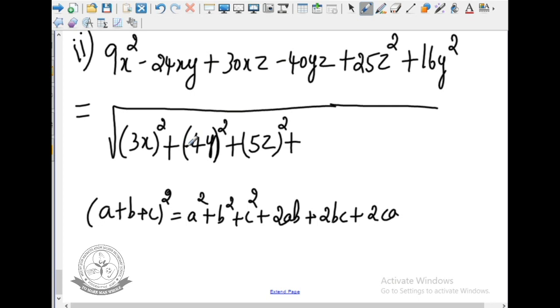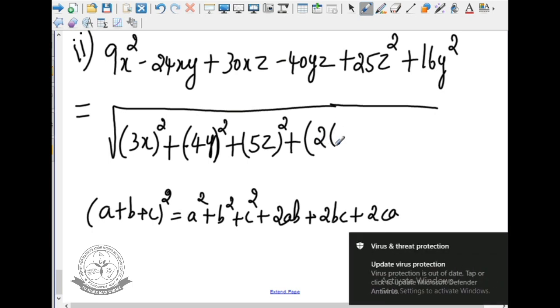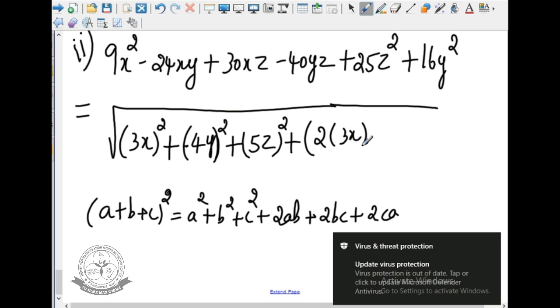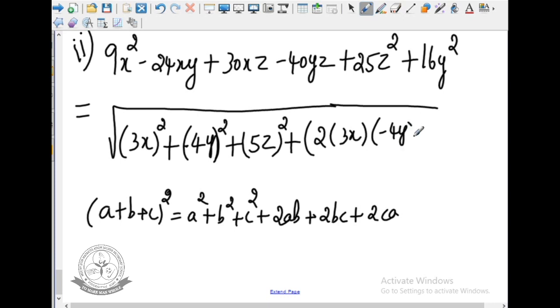Then after that, plus 2 into AB, A is 3x and B is 4y, that is minus 4y, plus 2 into BC, B is minus 4y, C is 5z, plus 5z, then plus 2 into CA, right.